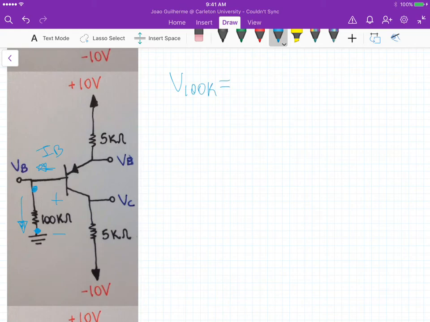This V100K is equal to VB minus 0, which is the same as the base current times the 100k ohm resistor.